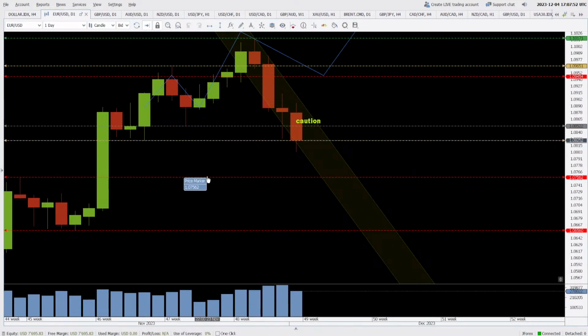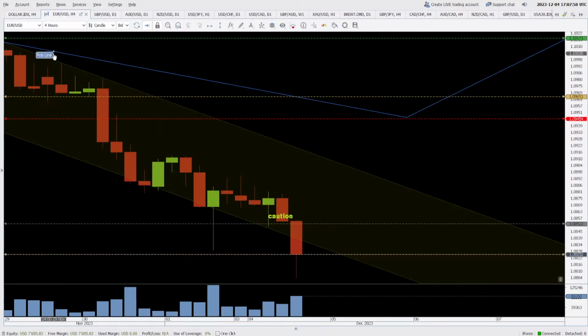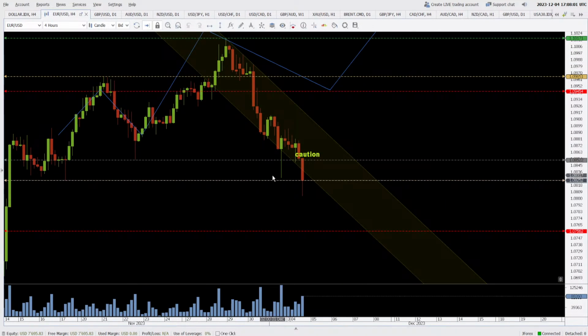My friends, this is where I said that we need to be cautious. And the reason for this caution was this 4 hourly price had taken the prices higher on Friday to this point.